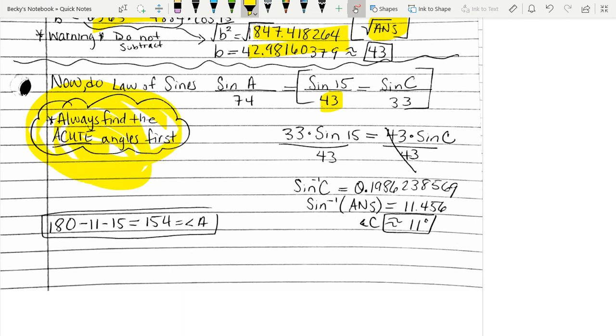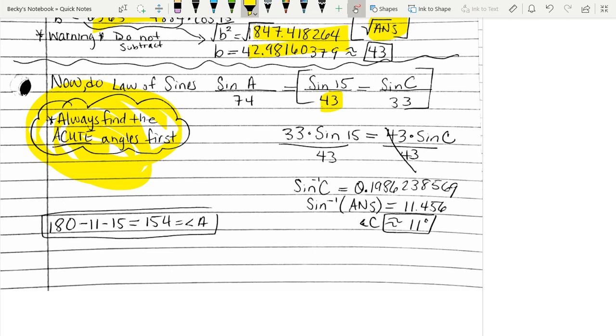You'll get into this in pre-calc, but for now just understand you need to find the acute angles first. If not, it's all going to be a big mess, and your calculator is going to lie and not give you the obtuse measurement. It's going to give you an acute measurement, which is actually 180 minus the answer you need. So just go with me.